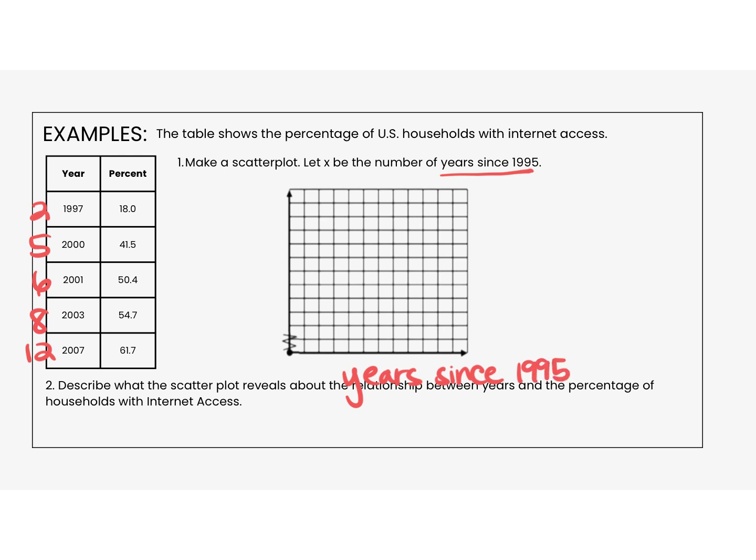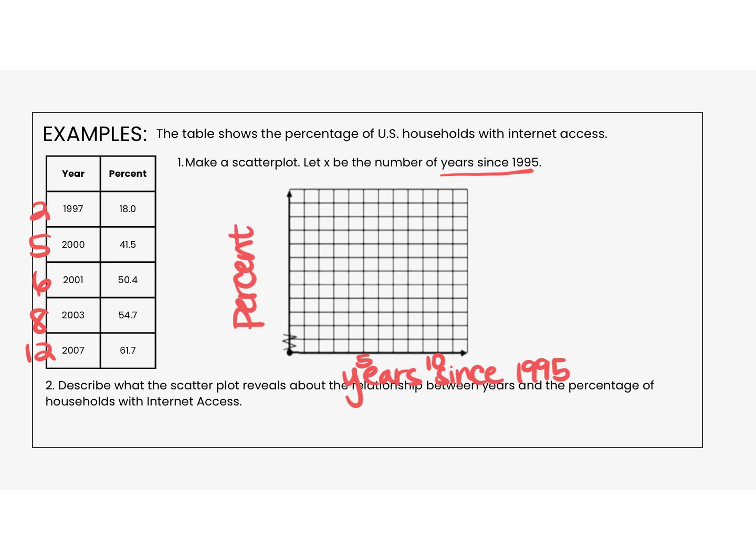And we need to go to 12. So we're just going to go about every 5 there, like that. And then on the y-axis, or our dependent variable, we're going to write the percent.